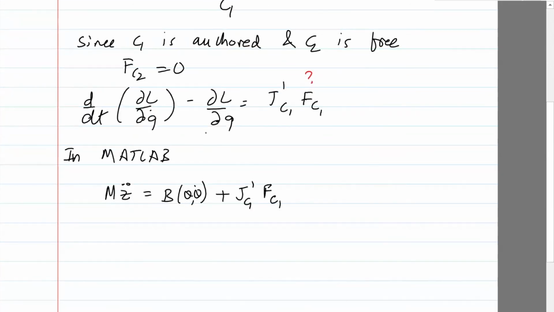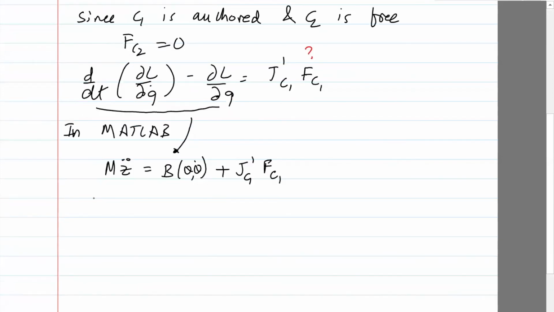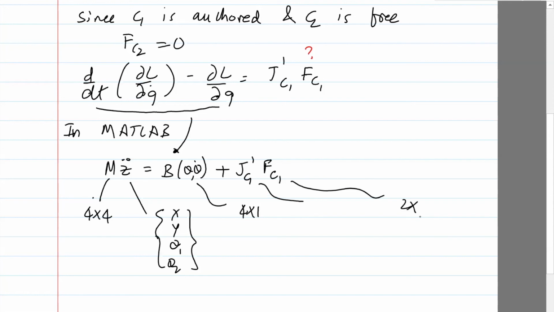That's just simplifying this part, where M is going to be a 4 by 4 matrix, and z is going to be x, y, theta 1, theta 2. B is going to be a 4 by 1 matrix. Since the force is 2 by 1, the Jacobian J is going to be 2 cross 4, so the transpose is 4 cross 2. That way it will all be consistent, and everything will be 4 by 1.